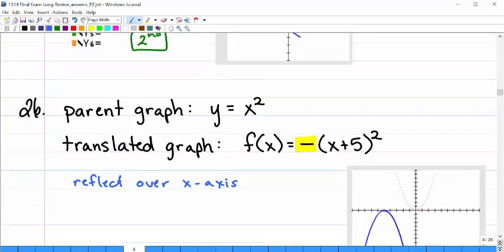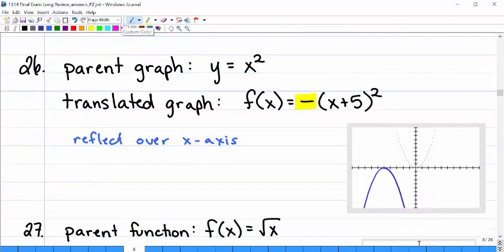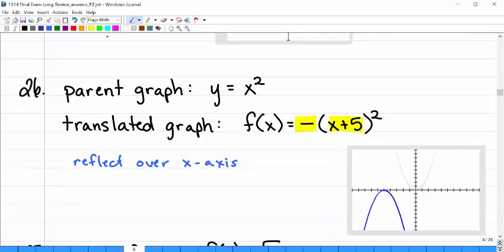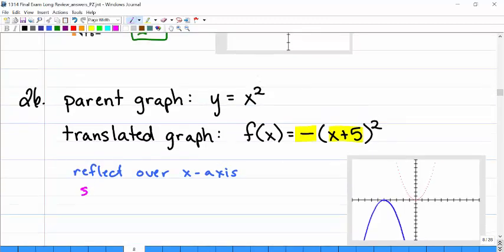And the second thing is in here, you've done x plus 5. So that's going to shift it left 5.